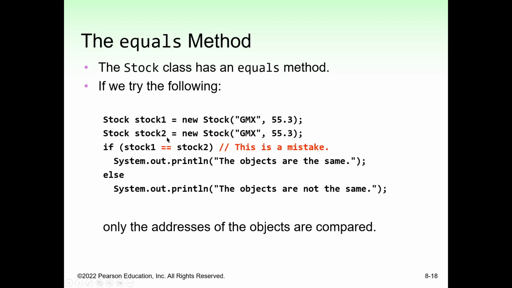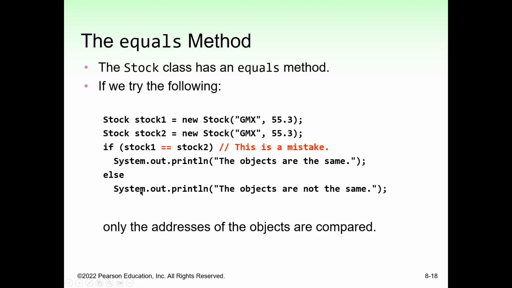We have stock1 and stock2, two objects which at first glance have the same values, GMX and 55.3. However, if you're trying to compare it like this, stock1 equals stock2, this is going to be a mistake because the addresses where those objects are stored are going to be compared and not the values of these objects.